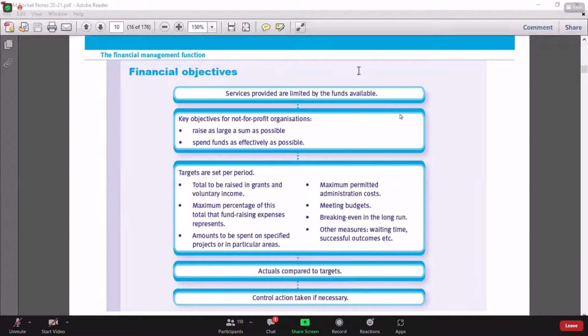Second point, maximum percentage of the total funds raised that goes to fundraising expenses. It means whatever amount is raised, as I mentioned in the first point, how much amount they are planning to raise during the year, and what is the percentage of that particular fund when compared to the expenses. Suppose, as I mentioned, the expenses are 30 lakhs, but you raised only 20 lakhs.